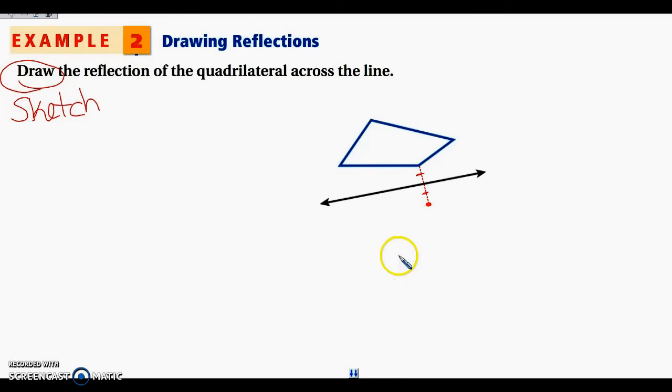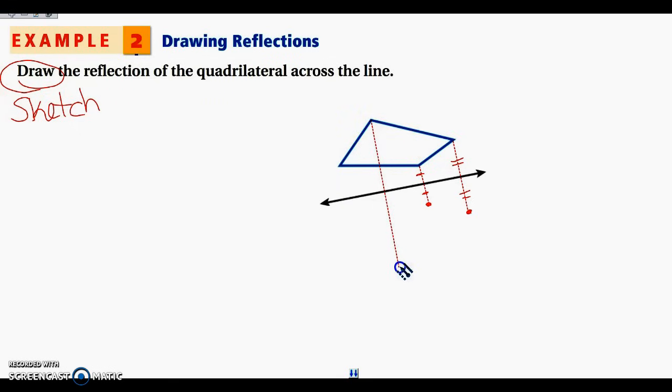And I'm going to do that for each and every point of this quadrilateral. So from this next point, I'm going to draw a line with what I think is perpendicular. And again, try and draw it so that it is about the same distance from the line. So here to here. Okay? And then I'm going to draw a point right here. Continue doing that for the next ones.